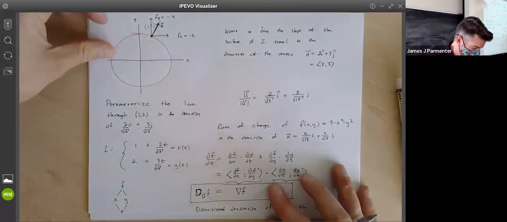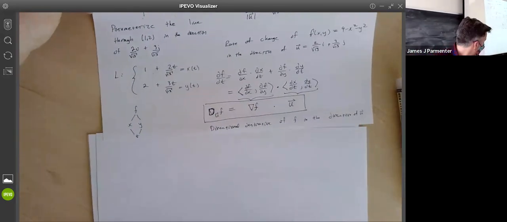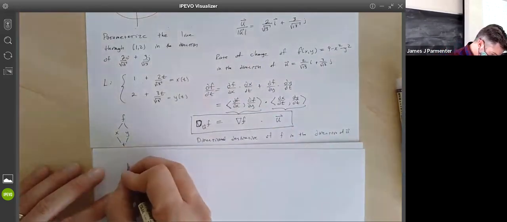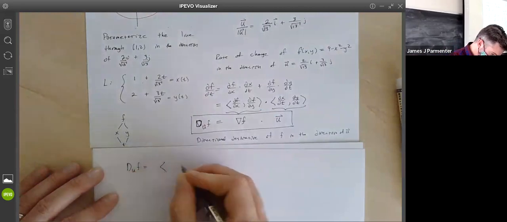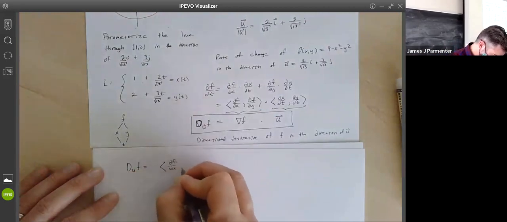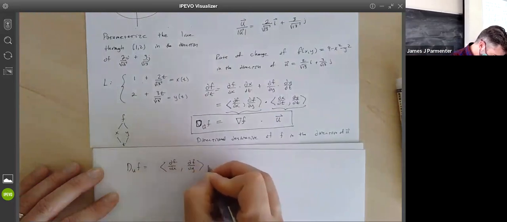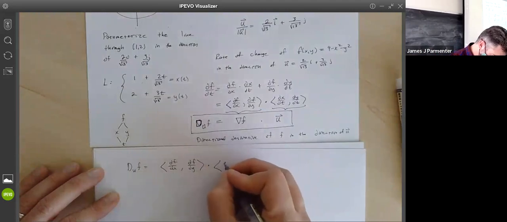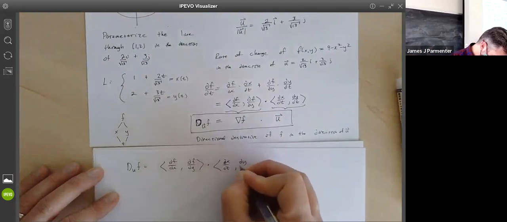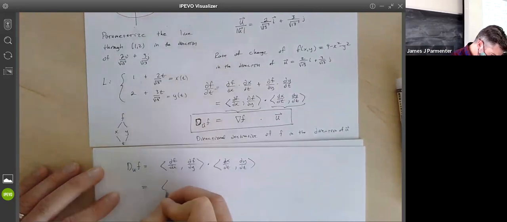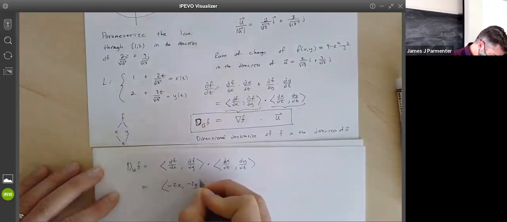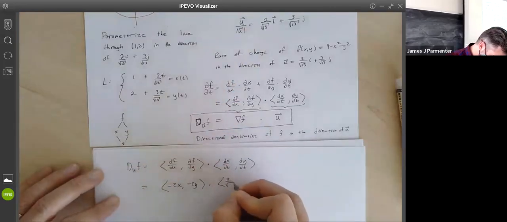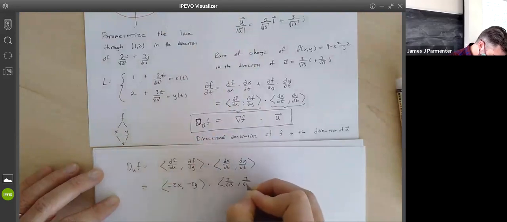So in this particular example, just to actually show you the numbers, we're going to get our gradient dotted with our vector. Our gradient was -2x, -2y, and our vector was 2/√13, 3/√13.